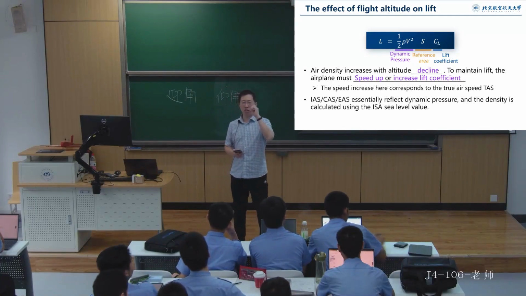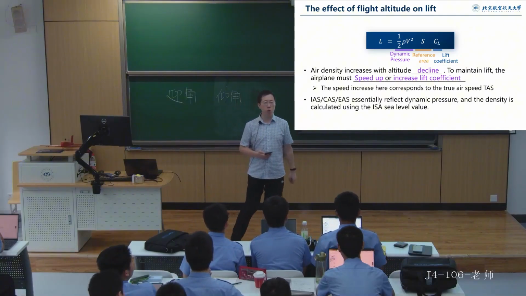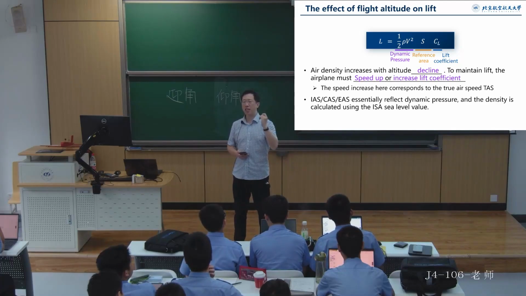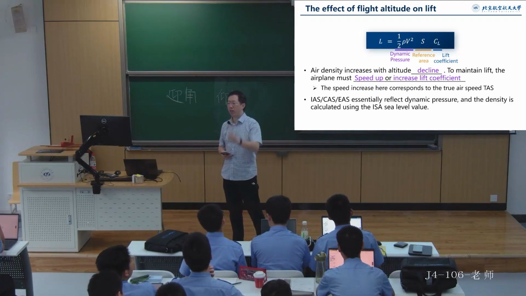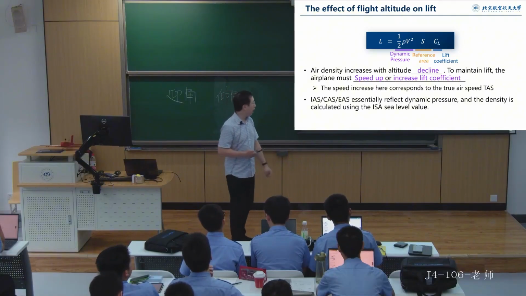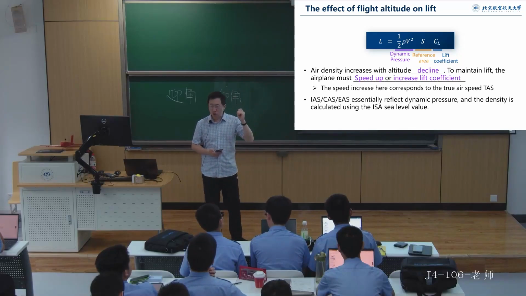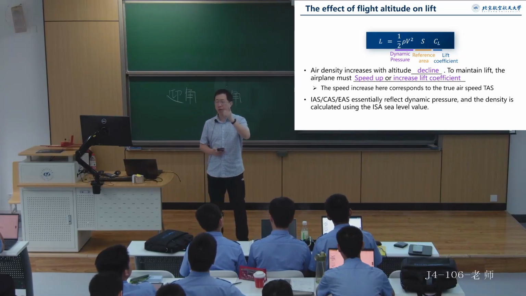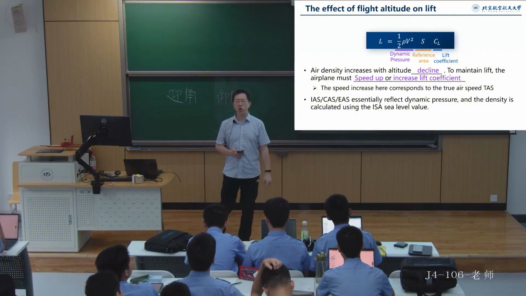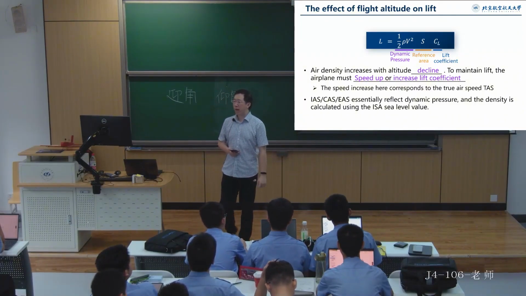We previously emphasized a fundamental concept about our airspeed indicator. The core of what the airspeed indicator shows is actually a change in dynamic pressure. Because during our actual flight process, we look at the indicated airspeed on the airspeed indicator. When the indicated airspeed remains unchanged, it reflects that the dynamic pressure is unchanged.